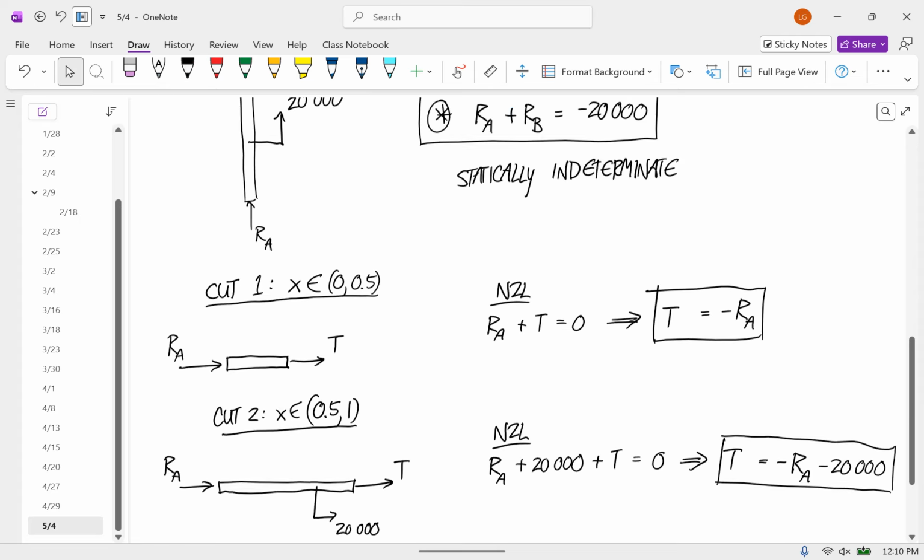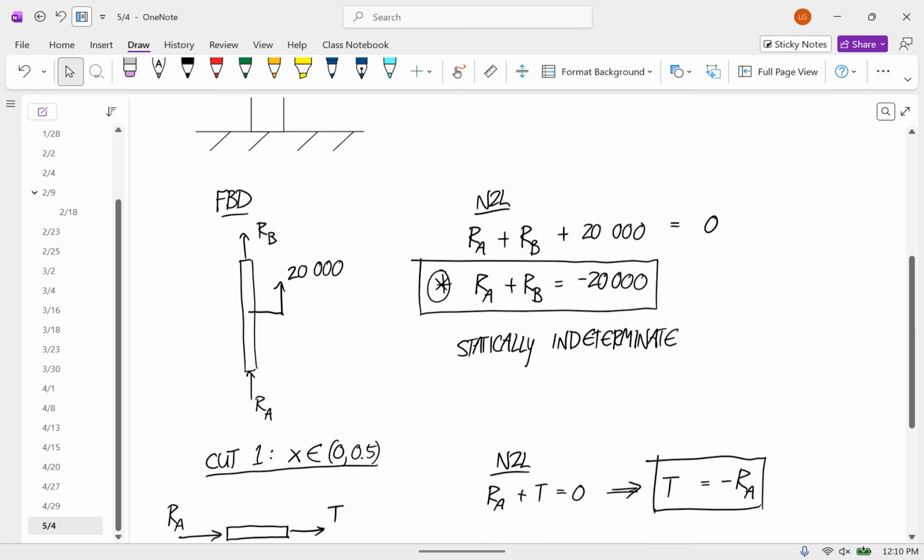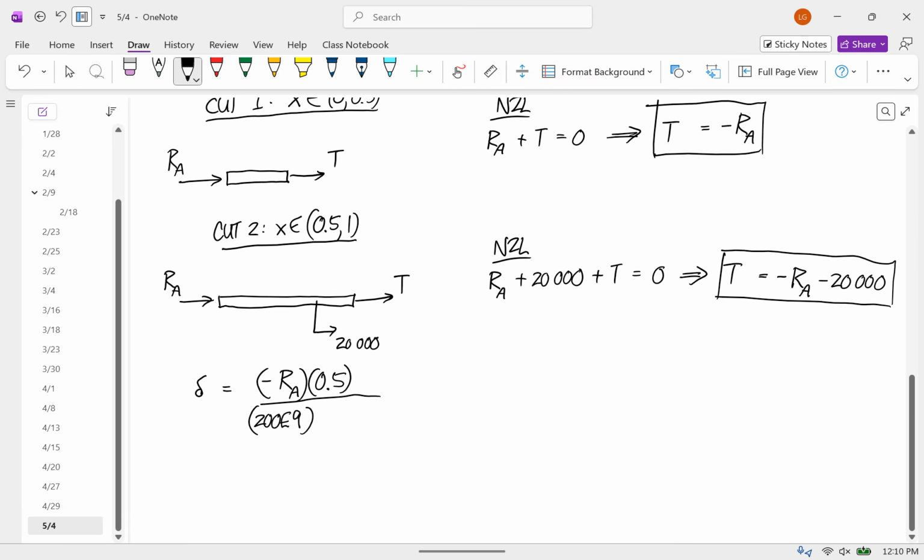And then our cross-sectional area is 0.03 square meters. And then we have to add that, so that's the elongation of the bottom half of this beam. And now we need to add that to the elongation of the top half of this beam, which is the quantity negative RA minus 20,000 times the length of the top half, which is also 0.5.